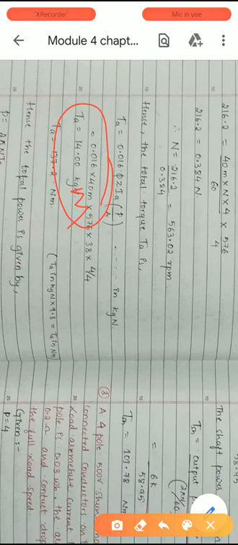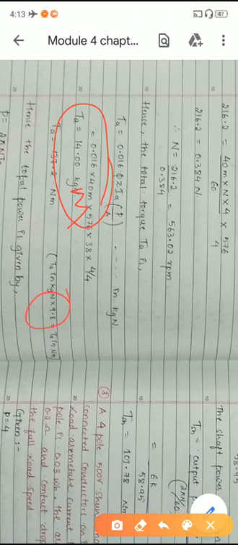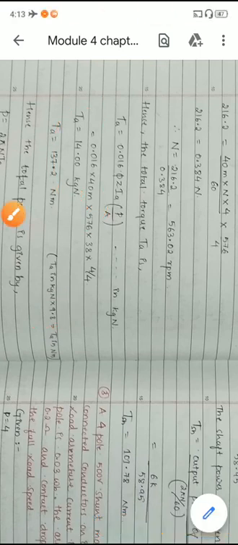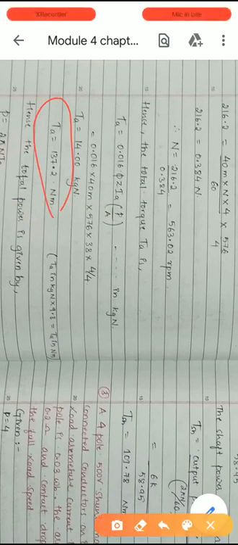If you want to convert that to Newton meter, divide by 0.1 or multiply by 9.8. Right? So, if you multiply by 9.8, you will get 137.2 Newton meter. This is one way how we can calculate the value of total torque.